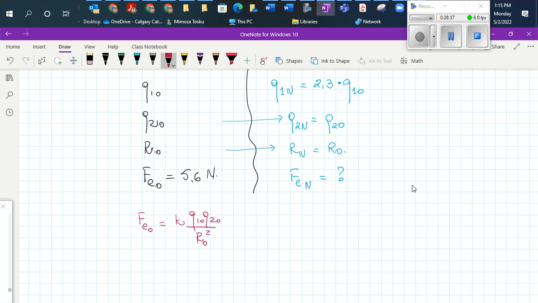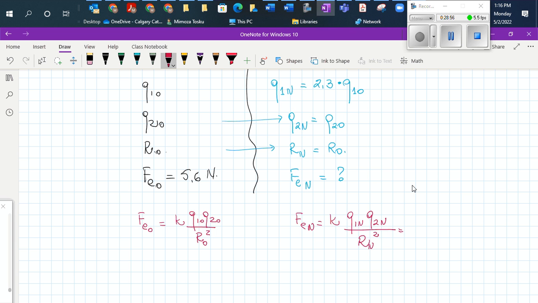And the new situation, based on Coulomb's law, will be the product of K, Q1 new, Q2 new over the distance new to the power of 2.